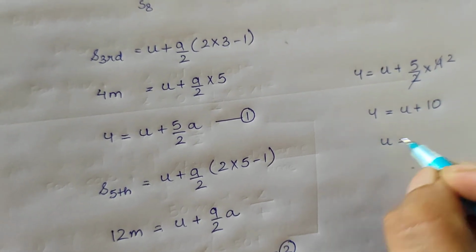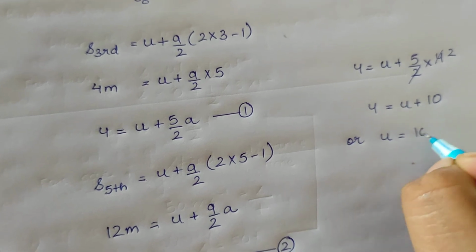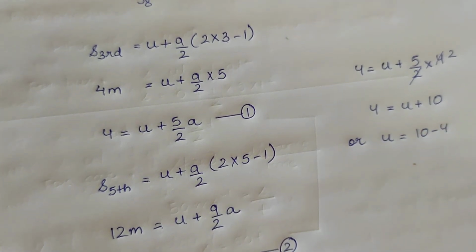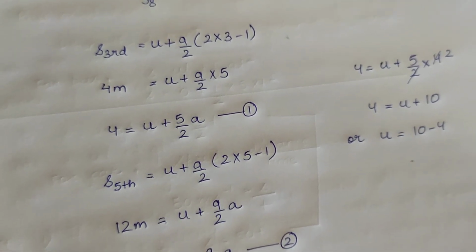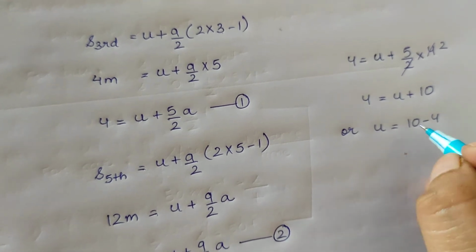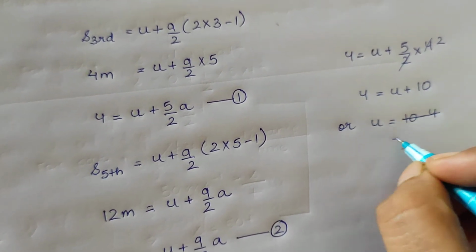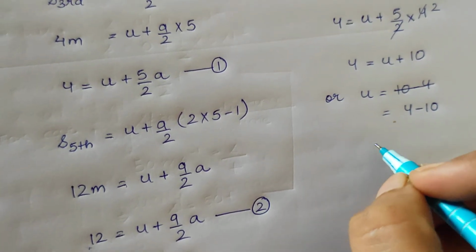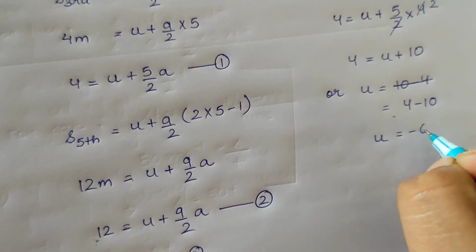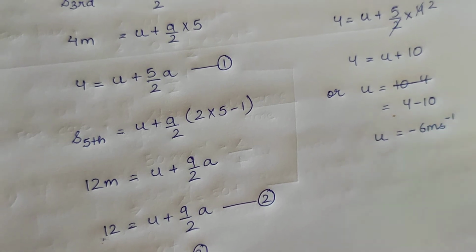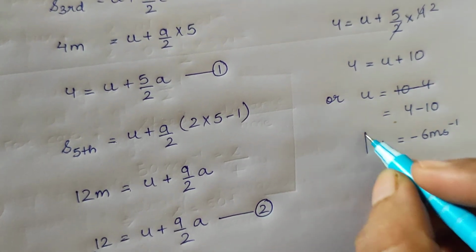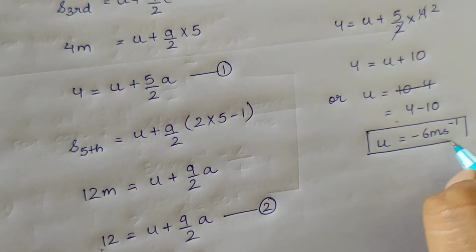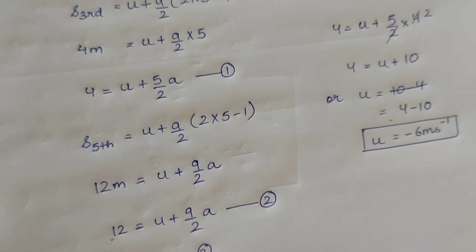So U will become 4 minus 10. And so the value of U will be minus 6 meter per second. The value of U in this case will be minus 6 meter per second.